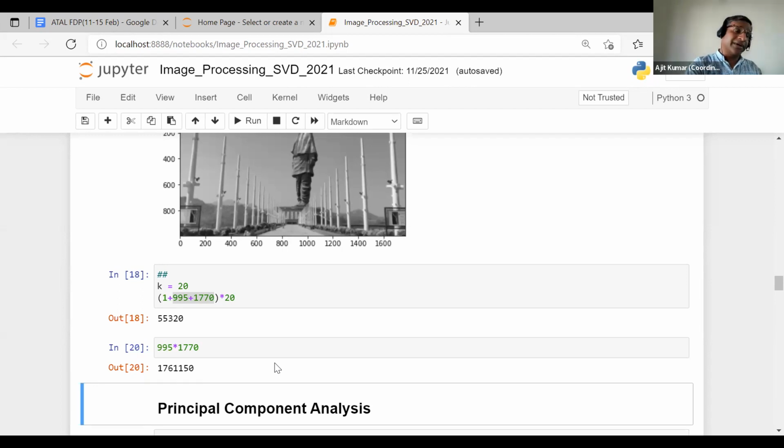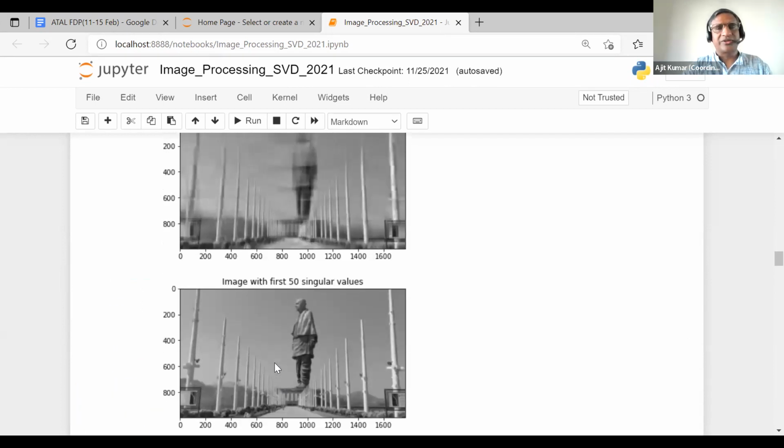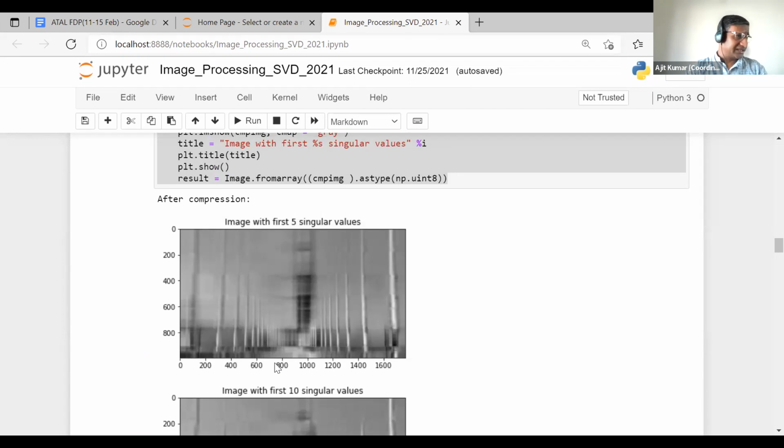Even finding the inverse of a 4x4 matrix, you would not even venture to do. But using this kind of tools, it can be very easily done. So this is an application of singular value decomposition, which I did, called dimensionality reduction.